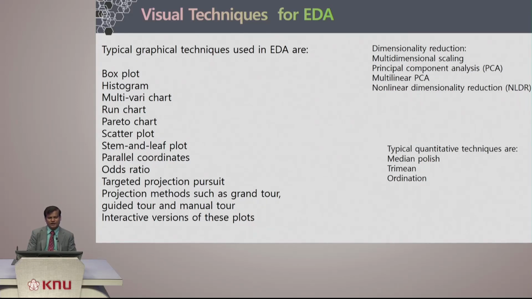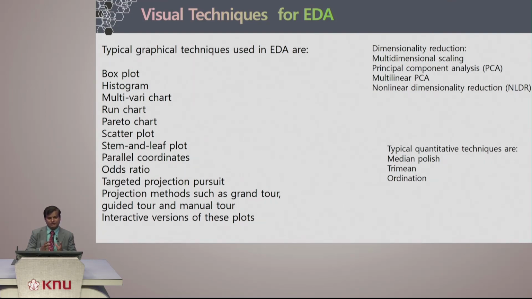There are various different plots, and these plots are nothing but different forms of graphs. With the given data, you just take the data set, put it visually, and then try to analyze what you see. Yes, these are visual techniques for EDA.